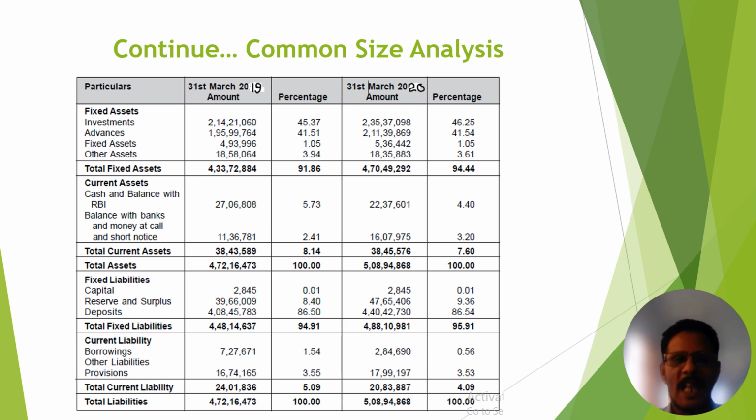Now on the liability side, total liability 100%. Total fixed liability is 4,48,14,637. If we convert to percentage, this is 94.91%.